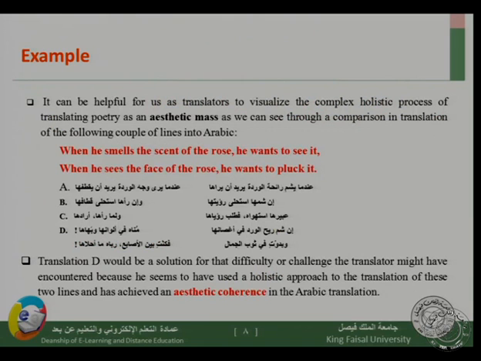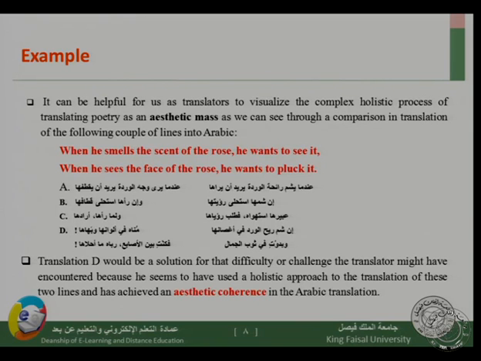Again, we have said this, but I've used this as an example to give you about the holistic approach to translation. Here, number one, A, B, C, one version, second version, third version. Then the number D, I use the holistic approach to translating poetry.